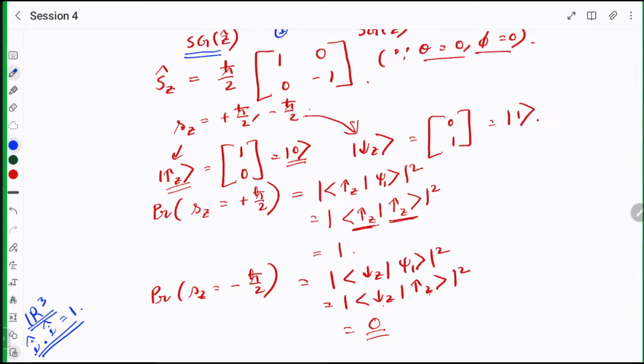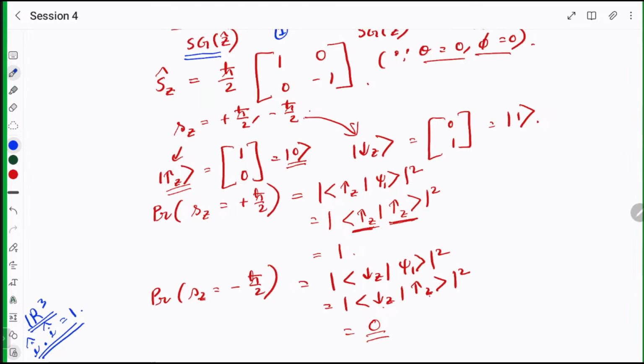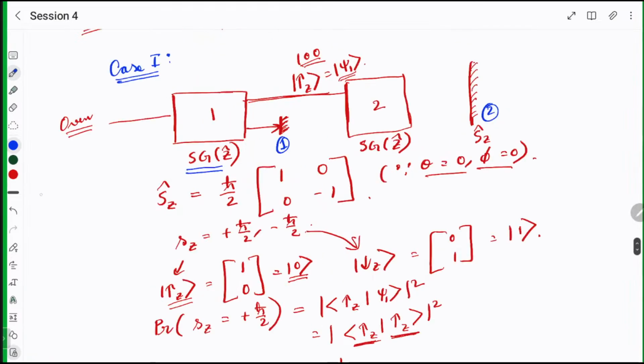And that means everything which comes here will go through and hit here. So we will measure here only Sz plus h cross by 2, and of course it was already in the up z state, so technically it doesn't have to collapse again.